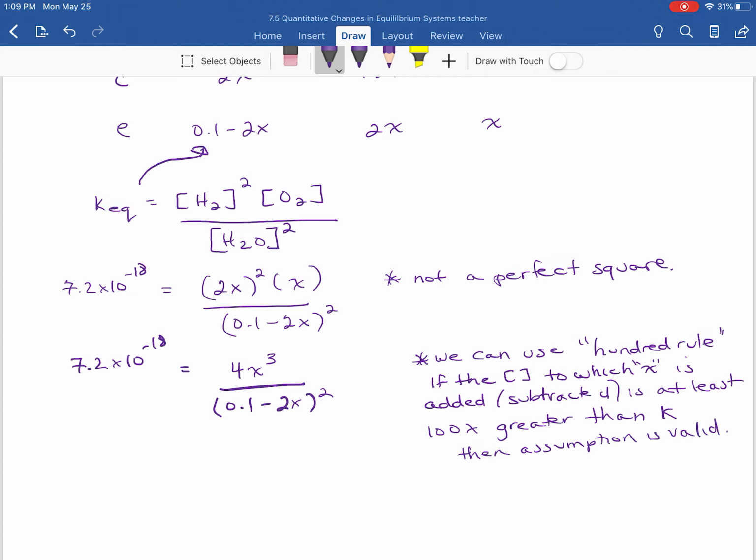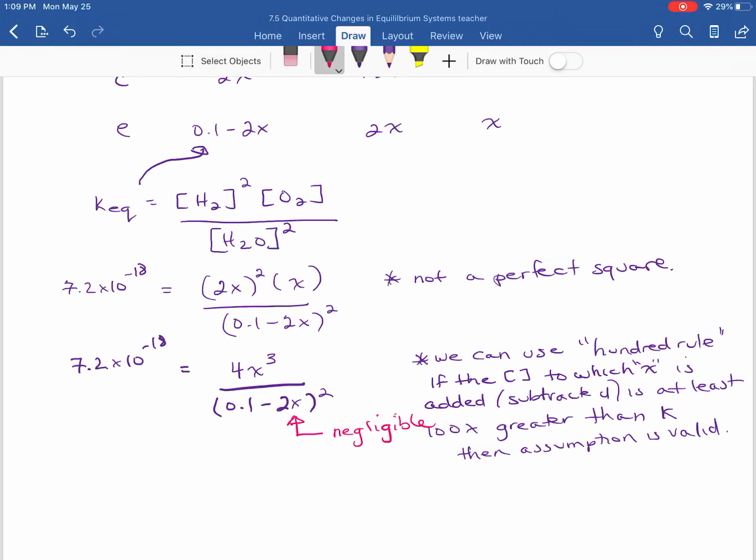So what that means is, remember, this value is so small. If my k is so small, that means I'm not really going forward. So if I'm not really going forward, I'm not really making any product, which means I'm not really using any reactant. And remember, it's the reactant that you have a ton of. So if I'm not using much reactant because it's not going forward, this change is, I love this word, negligible.